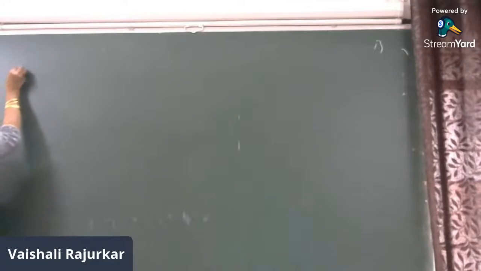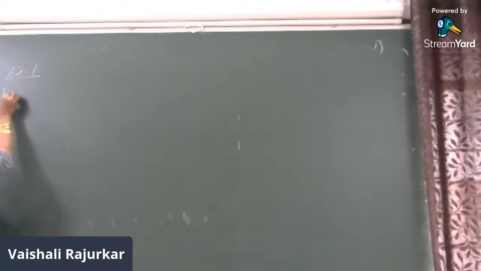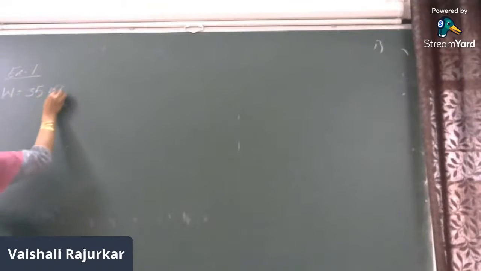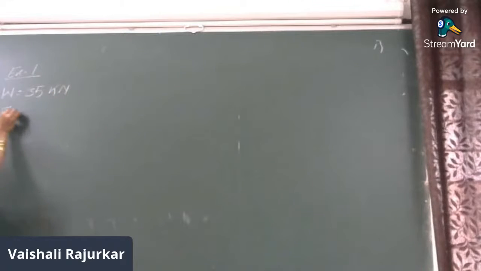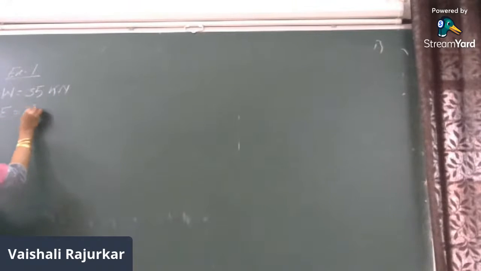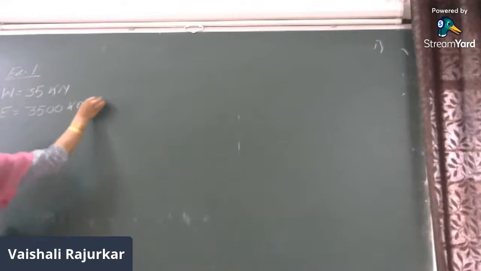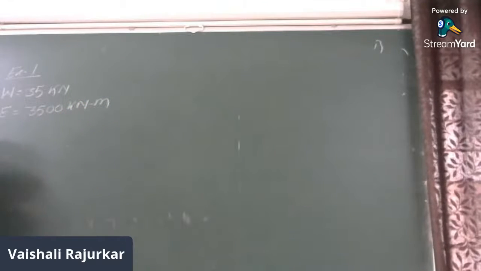So here, the weight of hammer is given as example 1. W is given as 35 kilonewton. Rated energy is given as 3500 kilonewton meter. What is the value of H?